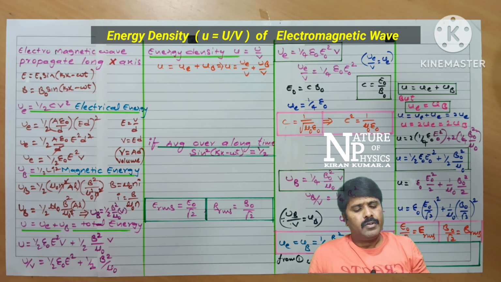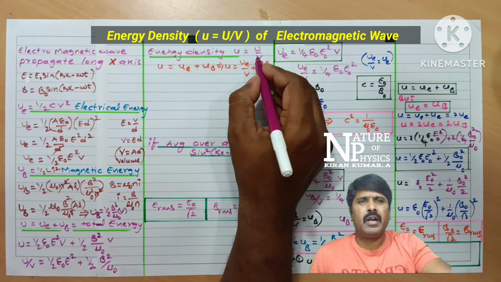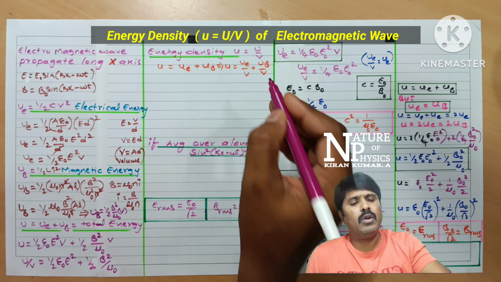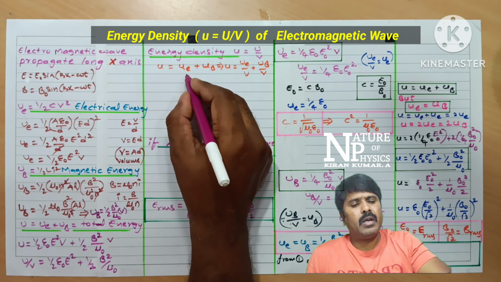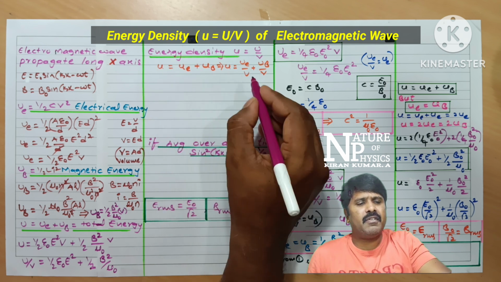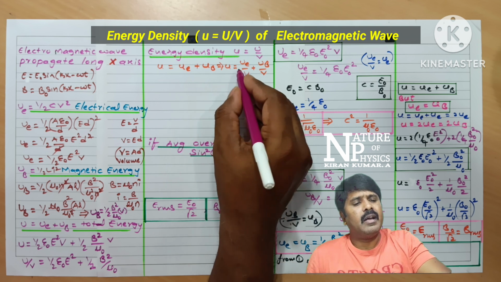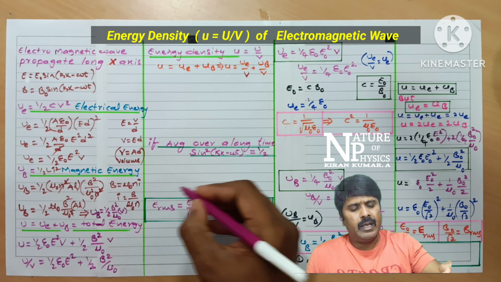Okay, so this is clear information about the energy density. Energy density is equal to energy divided by volume, student. So total energy density is equal to energy density of the electric field plus energy density of the magnetic field, so the energy density is energy per unit volume, already written clearly.